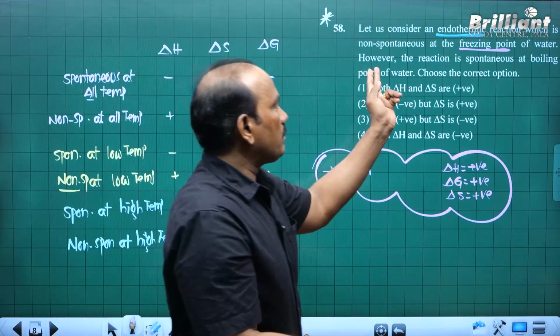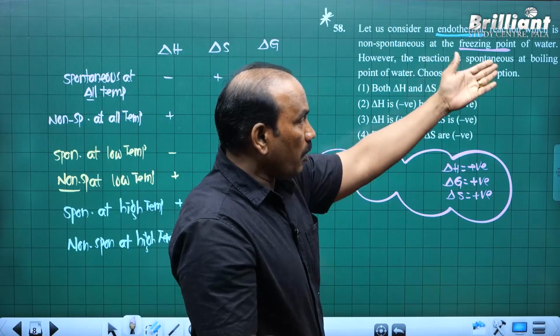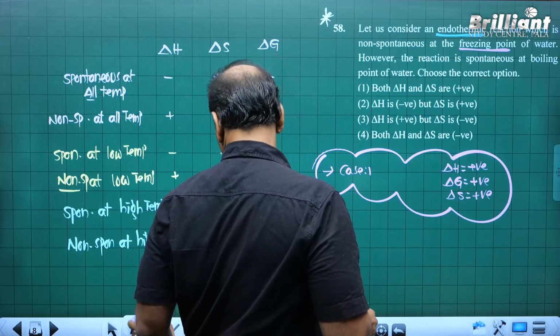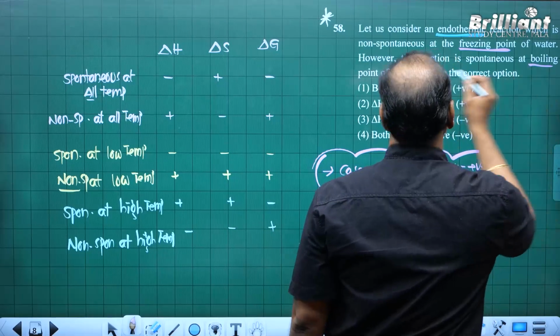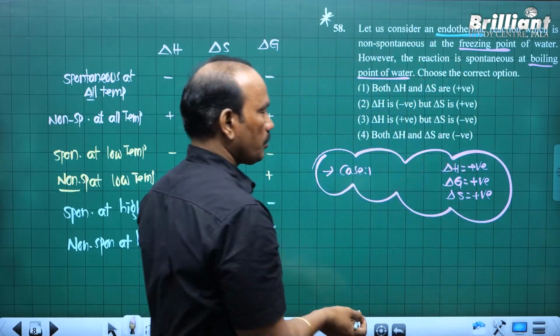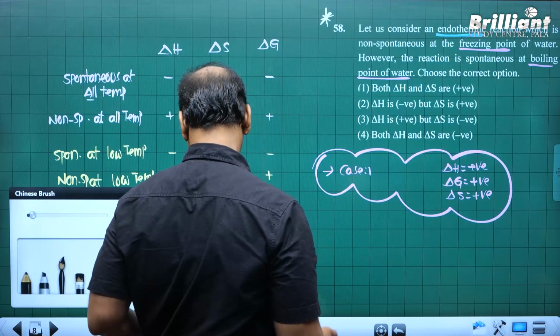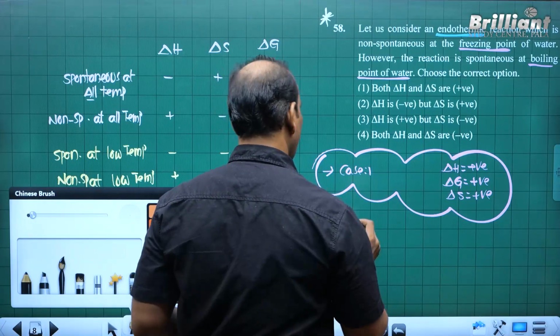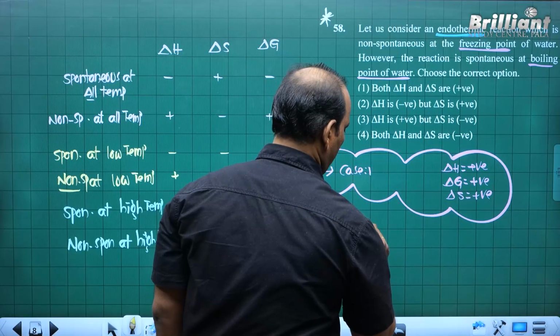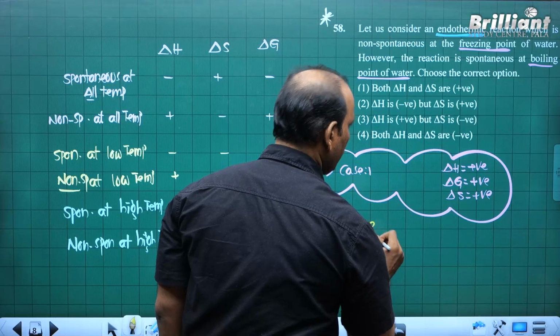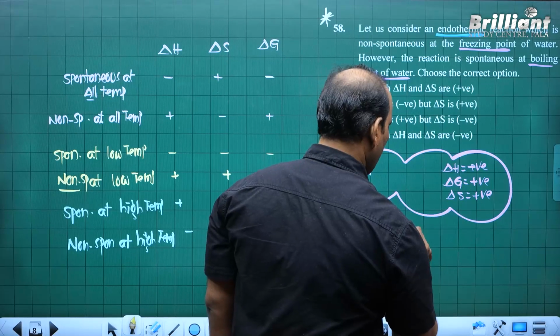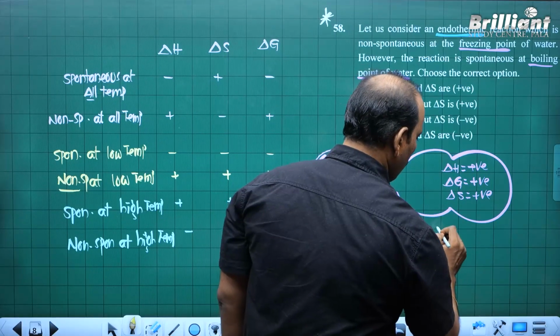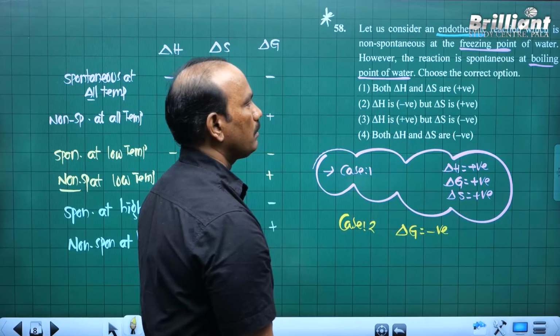Now what is that? However, the reaction is spontaneous at boiling point. So spontaneous, case 2. This is our requirement. Here spontaneous, delta G equal to negative. Clear?